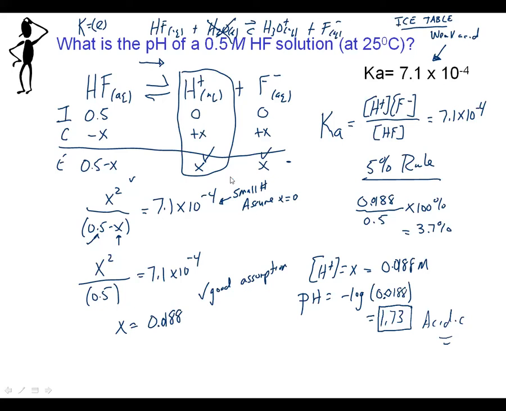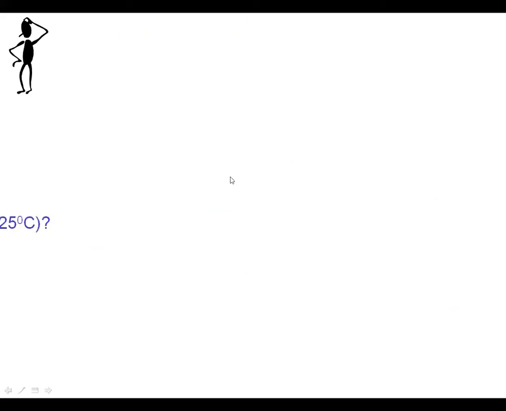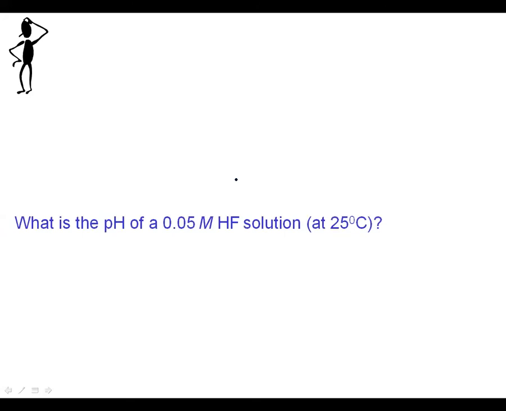All right. So just to show you that the concentration does affect whether your assumption is good or bad, and you should check it, this is going to be the same ICE table that we did previously.